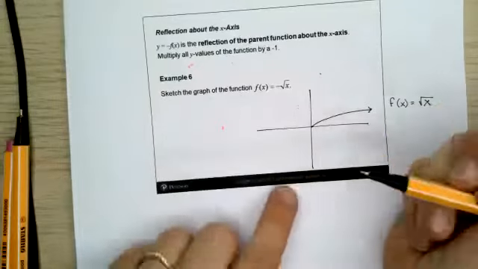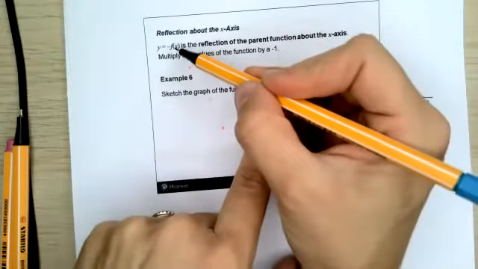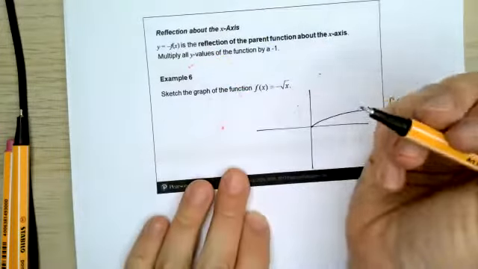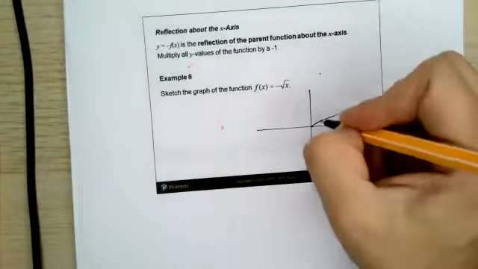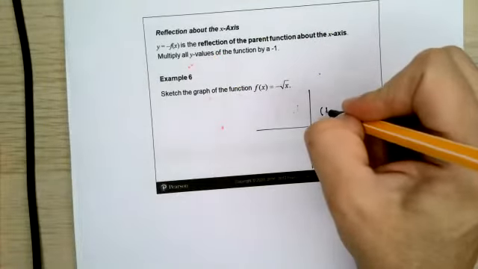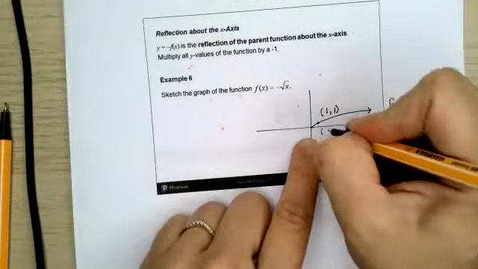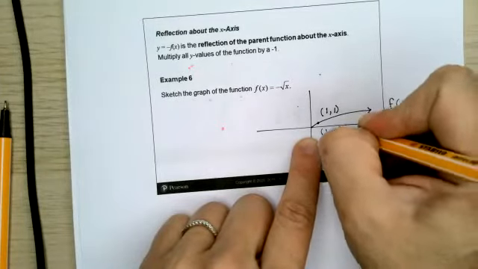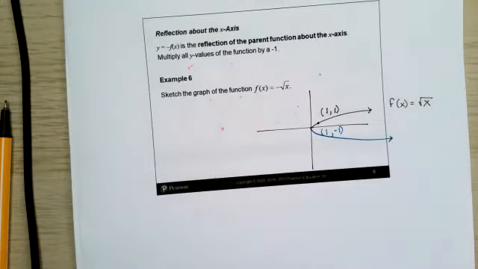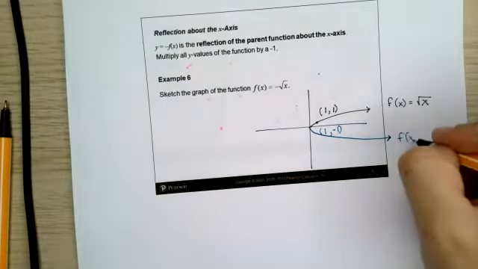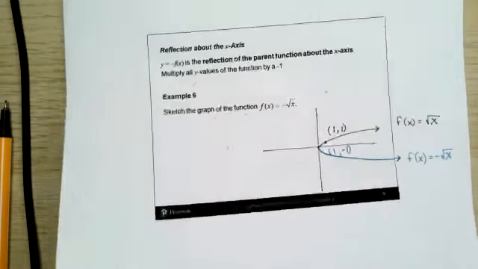And now I have a negative outside the grouping symbols, right? It's outside of the x. Multiply all y values by a -1. So what's this point on the square root of x? The point is just the square root of 1 is 1. So my y is now negative. So that means we have the same x value, opposite y value. So it's going to look like that. f of x is the negative square root of x.